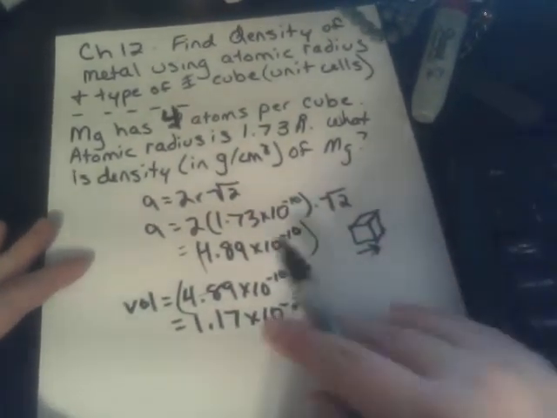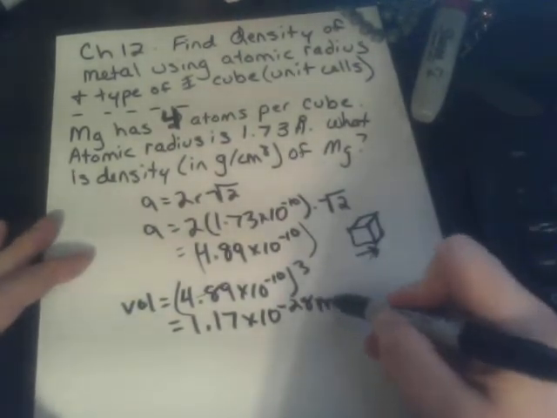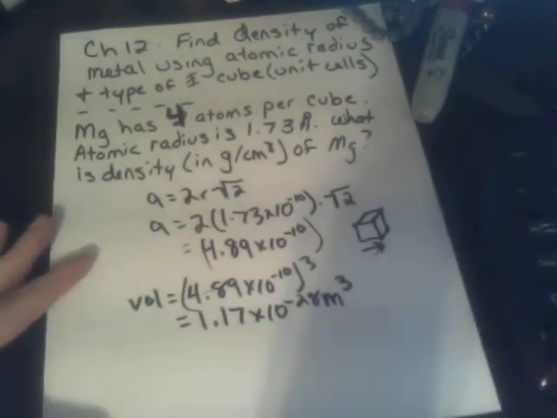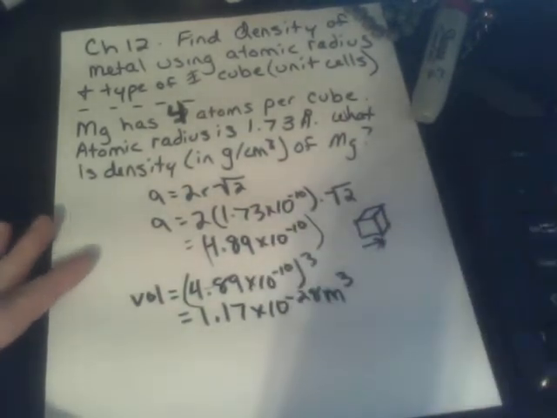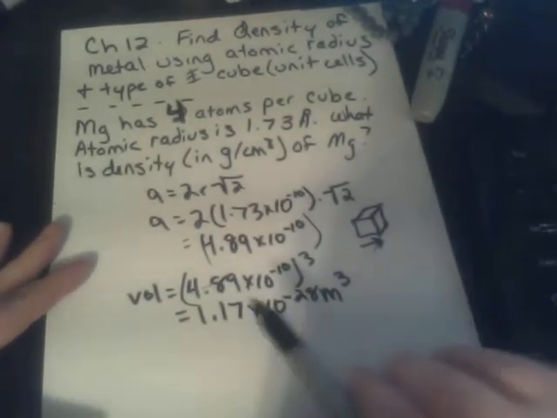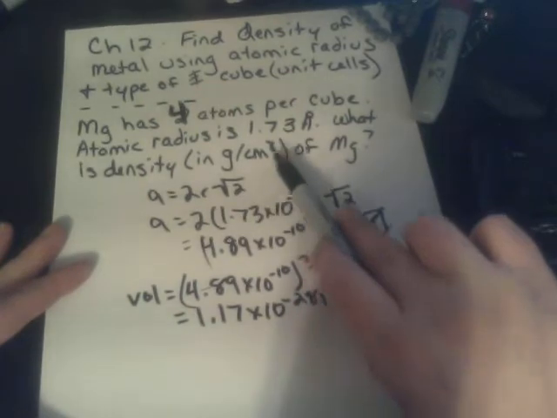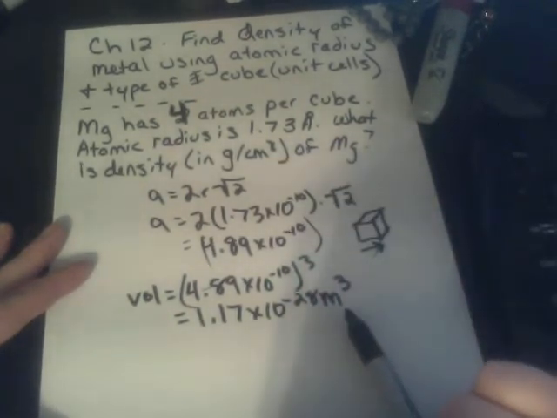That unit is meters to the power of 3, but I don't need it in meters cubed. My final answer should be in grams per centimeter cubed. So how do I turn this into centimeters cubed?